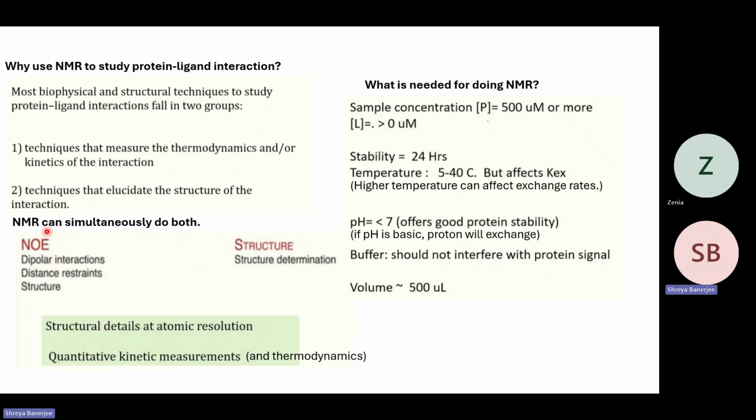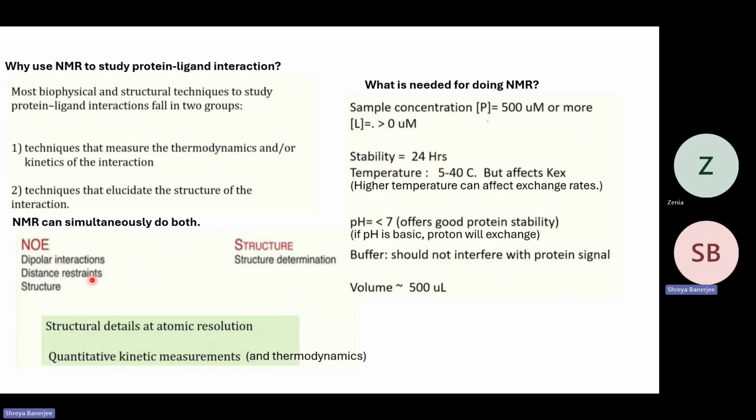So we know that from NOE or NOESY, which is based on dipolar interactions, we can get distance restraints. The NOE intensity is directly proportional to 1 by r to the power 6, where r is the interproton distance. So from NOE intensity, we can get the distance constraints.